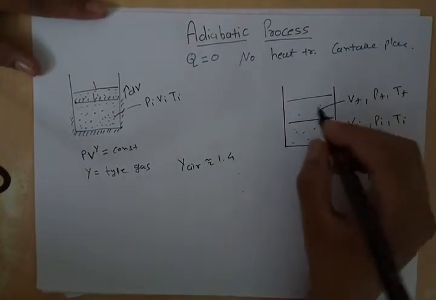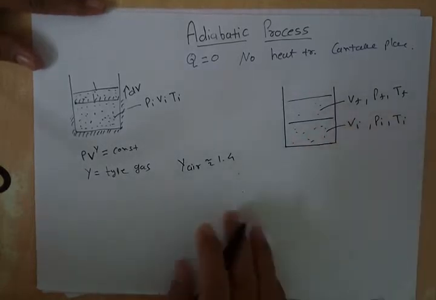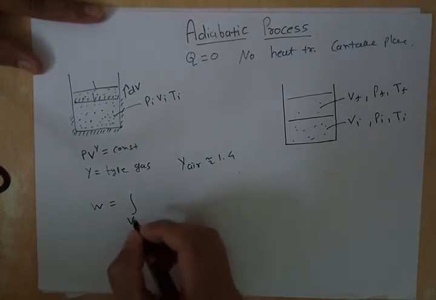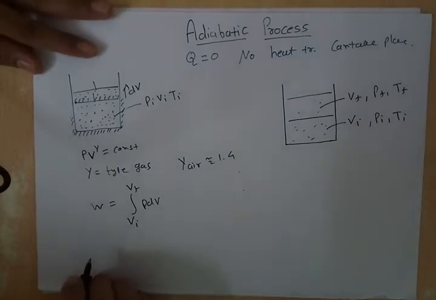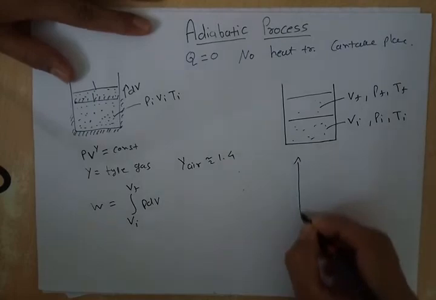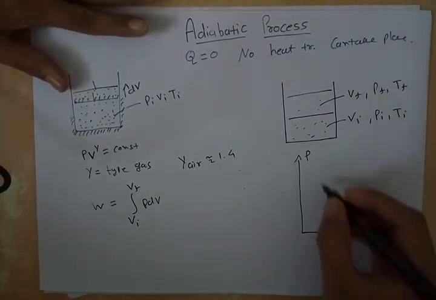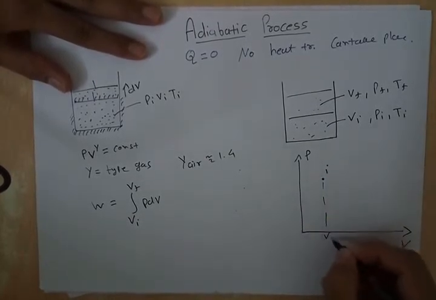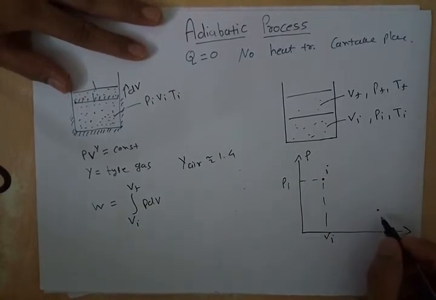Now we will derive the equation of work which is done by the system in this expansion process. So W is equal to the integral from initial volume to final volume of PdV. And let us actually draw the PV diagram so we can understand this process better. This is our initial state and this is our final state.